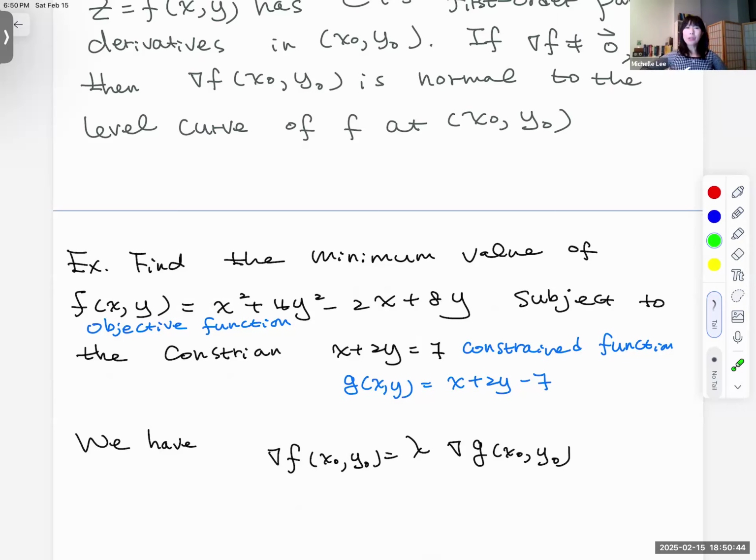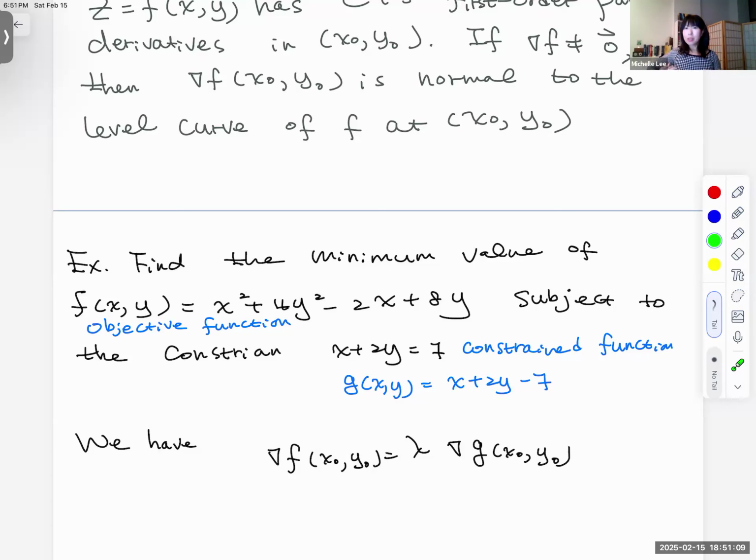Find the minimum value of the function. So in that section, we distinguish that this function is the objective function, and then they say it is subject to the constraint. So we have a constraint function, or just constraint, right? All right, so we have that.